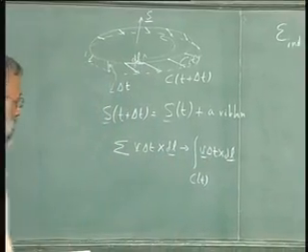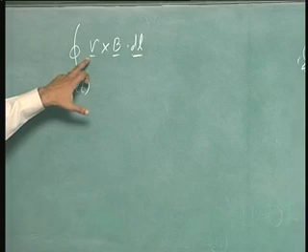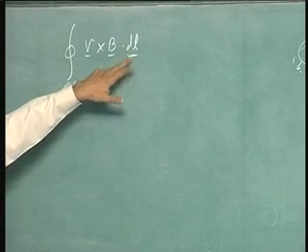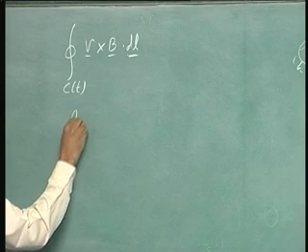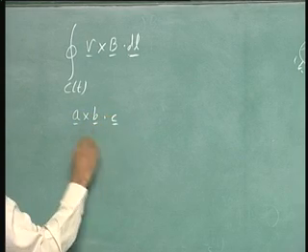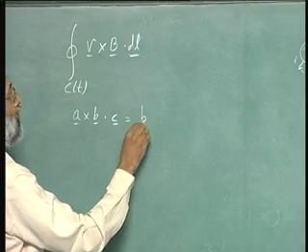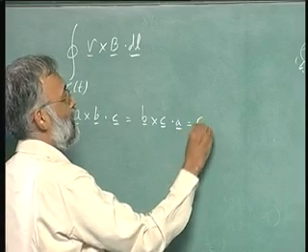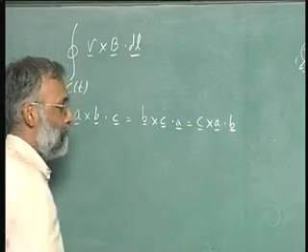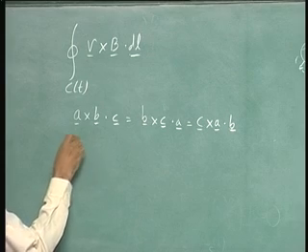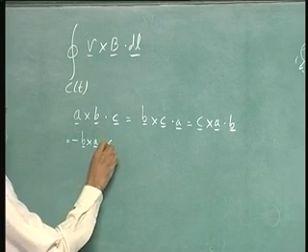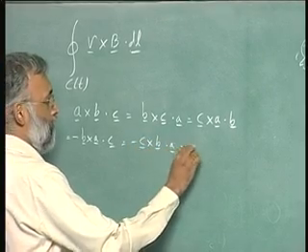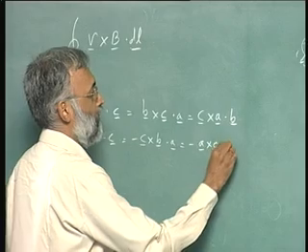It is a cross product, not a dot product. So I want v cross dl, but what I have is v cross b dot dl. But I also know that if I have a cross b dot c, this is the same thing as b cross c dot a, and the same thing as c cross a dot b, and it is also minus b cross a dot c, minus c cross b dot a, minus a cross c dot b.